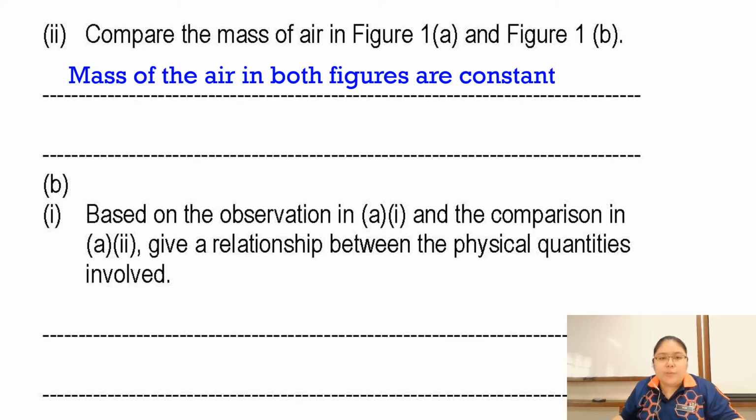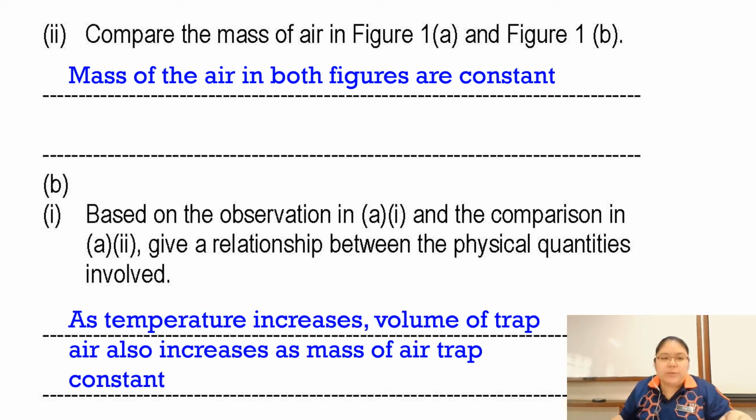Now, based on the observation in A1 and the comparison in A2, give a relationship between the physical quantities. As the temperature increases, the volume of the trapped air also increases. Then you need to relate with A2.